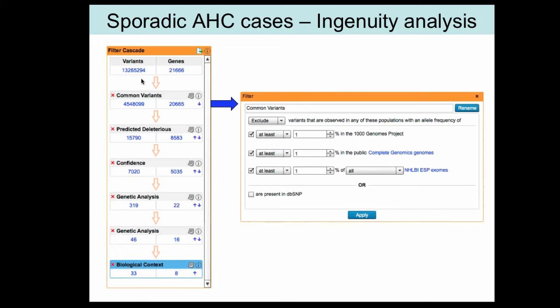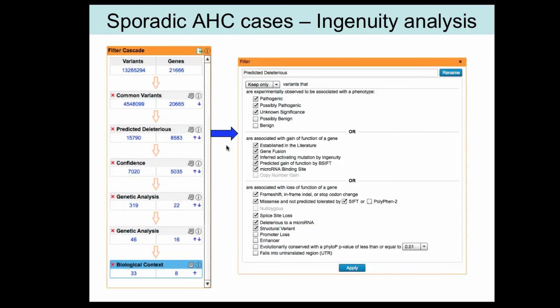So in this case, I chose to limit variants to those that are quite infrequent, 1% or less in the 3 different sets provided by Ingenuity. Then we definitely expect variants to be deleterious in some way. So in this case, I used pretty much default parameters provided by Ingenuity variant analysis.